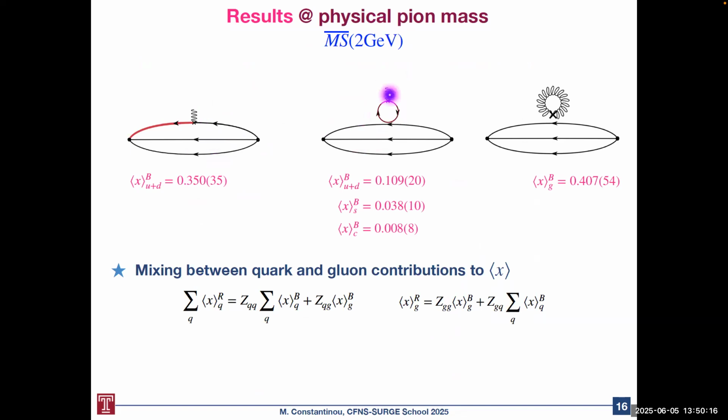This incorporates up, down, strange, and charm. And this incorporates only the gluons. So when you do this one, it has absolutely zero information of the other two. It doesn't take any input from any component. So in that sense, yes, you can call them independent, and you have to calculate on the same ensemble, otherwise it will not work. Thanks.